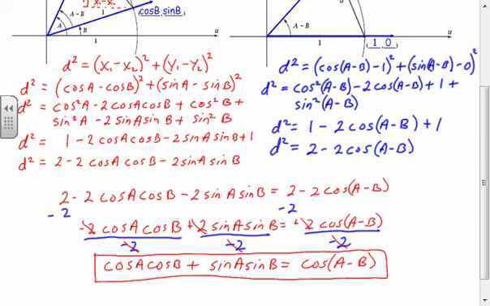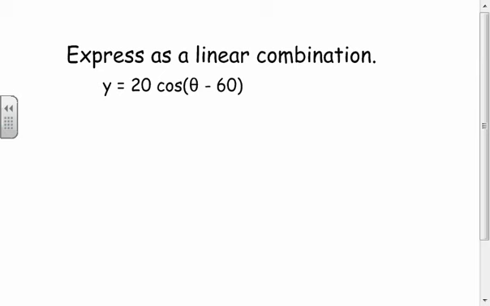I'm going to give you one example of how you use this to express as a linear combination an expression like this. So this is kind of the inverse operation of what we did with linear combination. This is not in linear combination form, but let's say for some reason we want to put it in linear combination form.